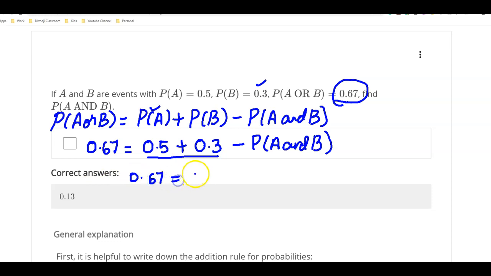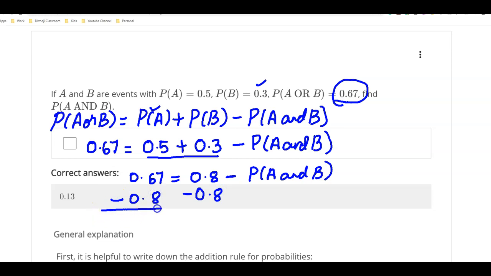0.67 is equal to 0.8 minus probability of A and B. So now I need to find probability of A and B. In order to do that, I simply subtract 0.8 from both sides. So what do I get?